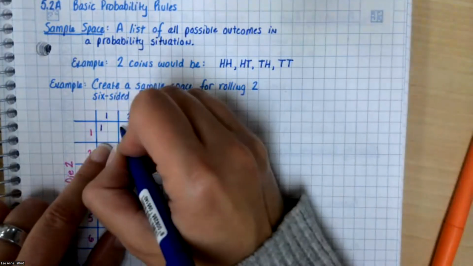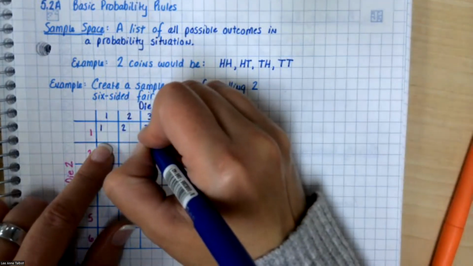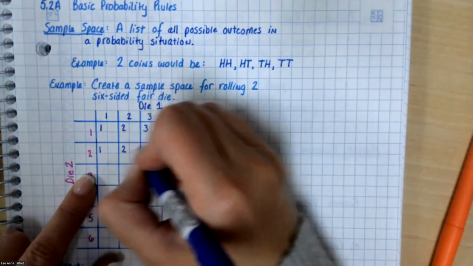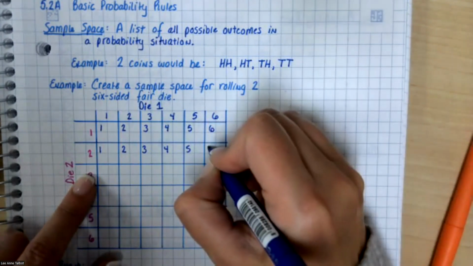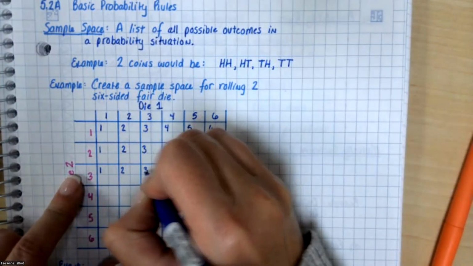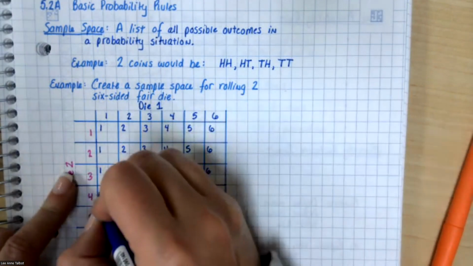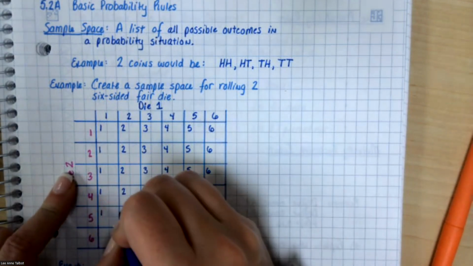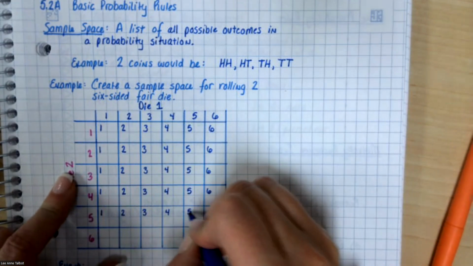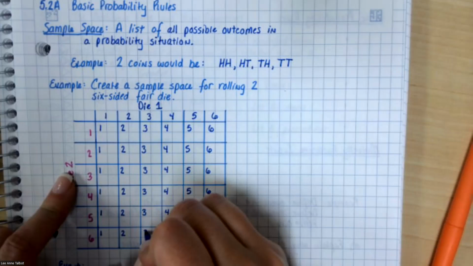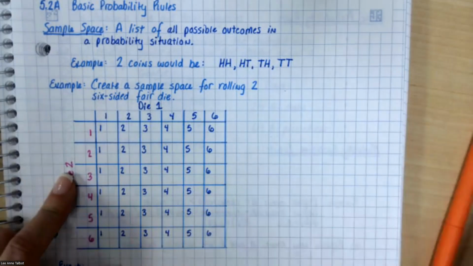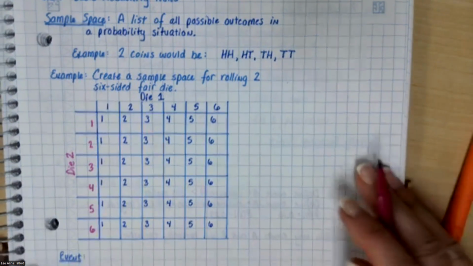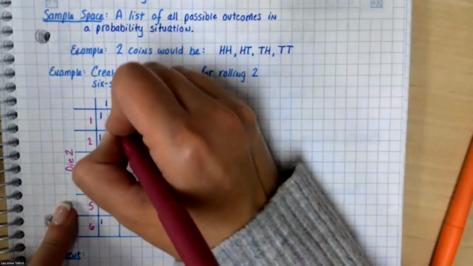So dice 1's outcomes are going to go here. Okay, and then dice two's outcomes are gonna go downward like this.